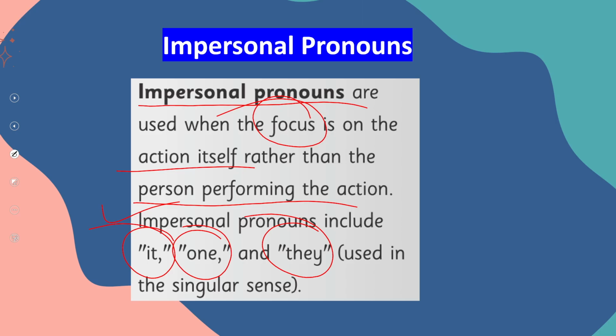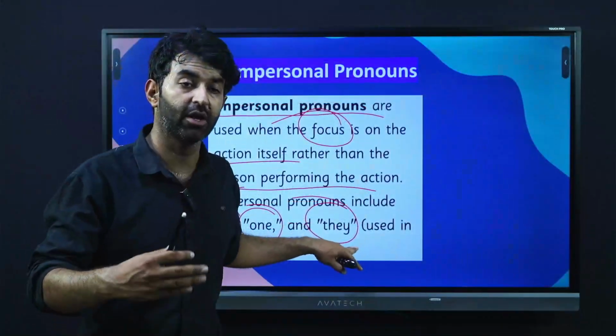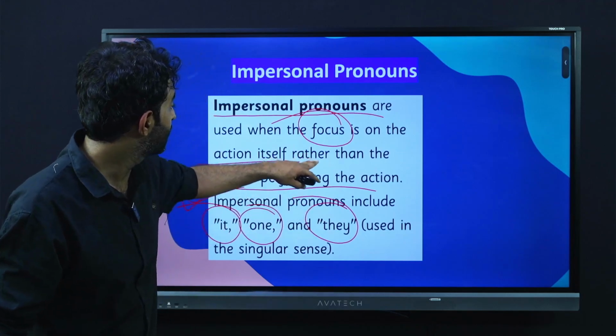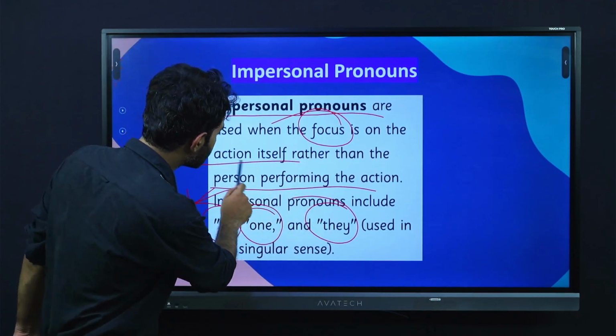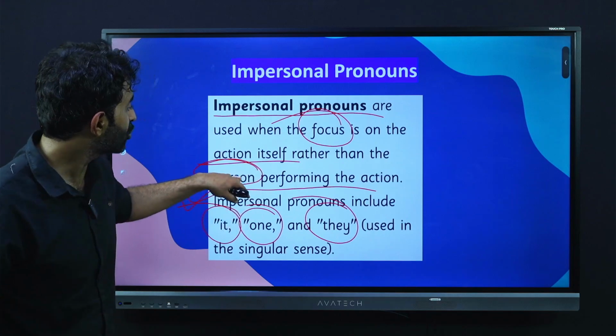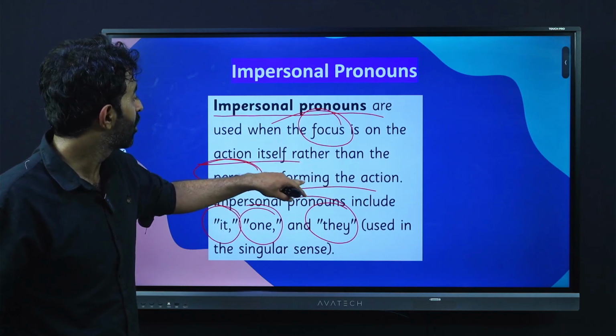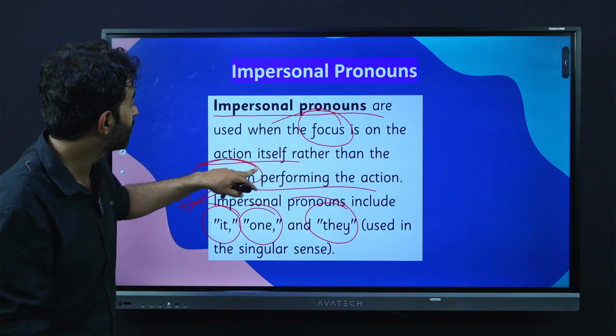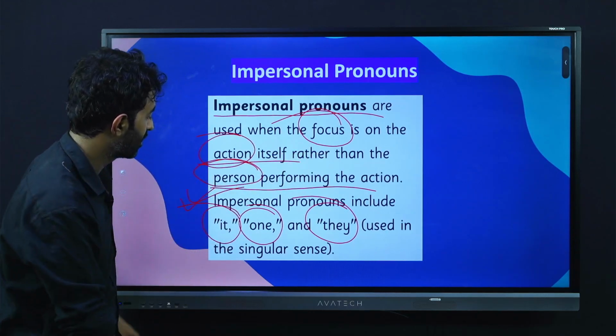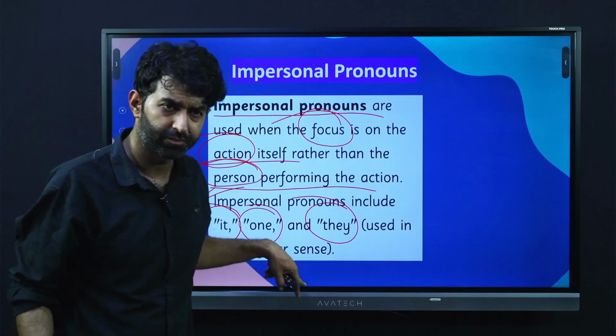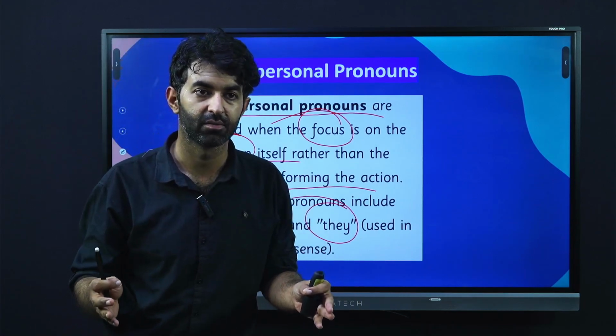Now these are not personal, right? They are referring to the what? They are not referring to the person performing the action, the focus is on the action itself. All right? It, I believe it, right?